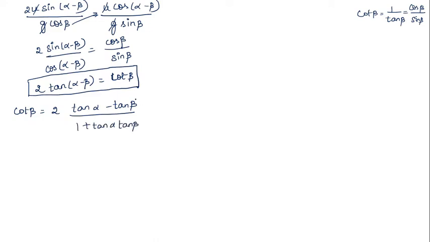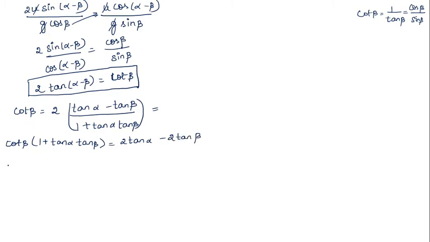We know this formula, no? It is a trigonometrical identity. So when you multiply this with 2 and cross multiply, you'll get cot beta into 1 plus tan alpha tan beta, which is equal to 2 tan alpha minus 2 tan beta.